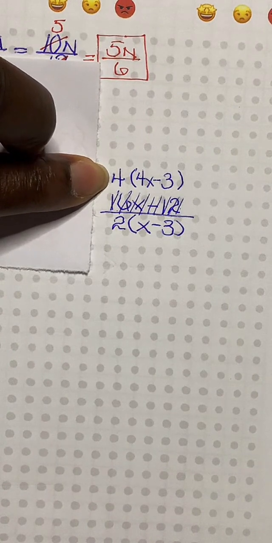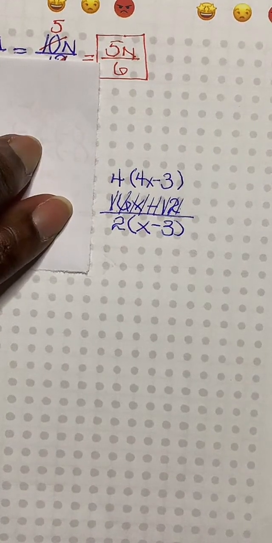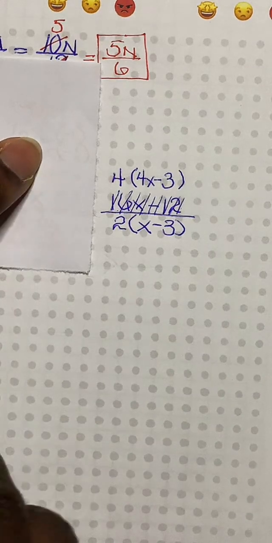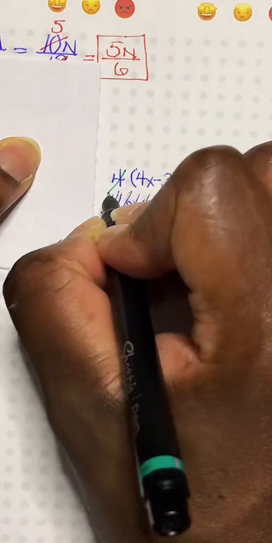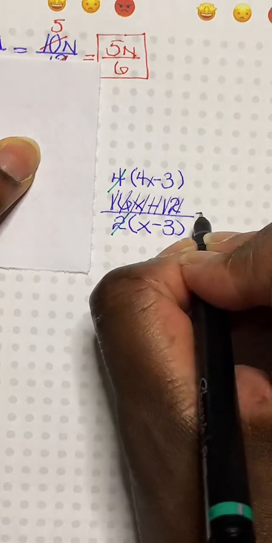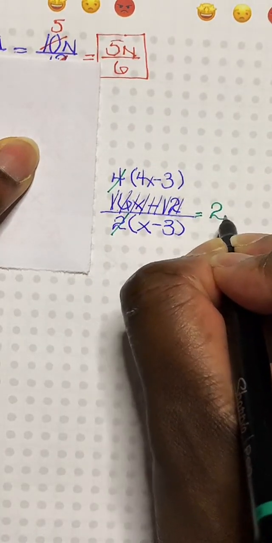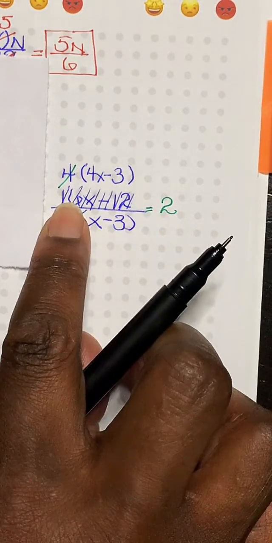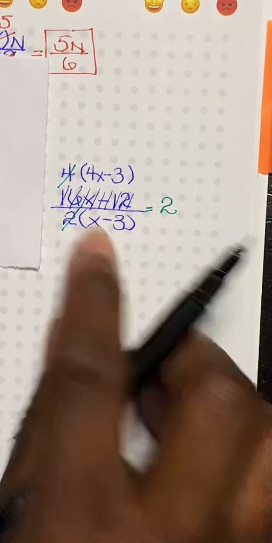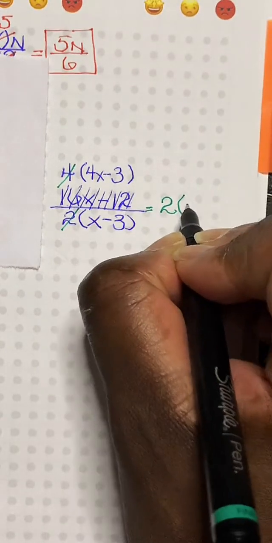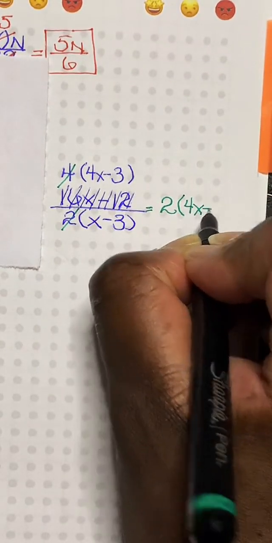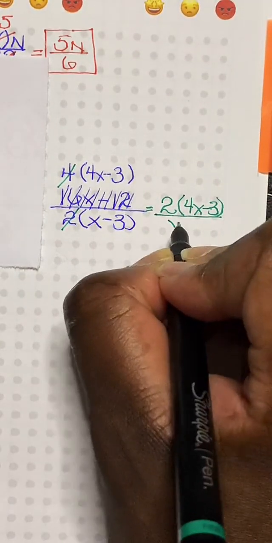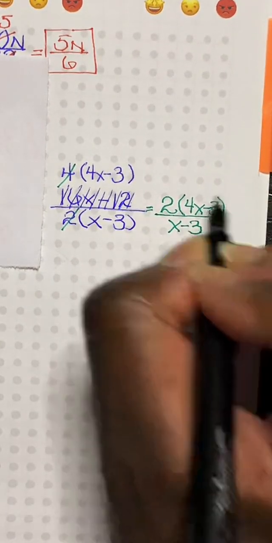We're working on rational expressions with like denominators. So now we can simplify. 4 divided by 2 will give me 2. And that 2 is going to be in your numerator, the whole number. So what happens up here, that 4x minus 3 stays where it's at. And the x minus 3 stays in the denominator.